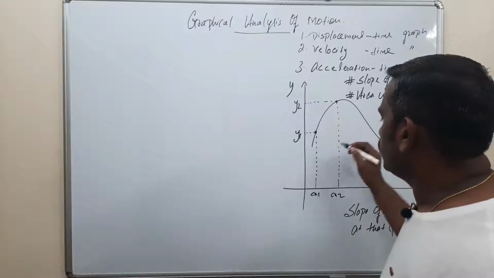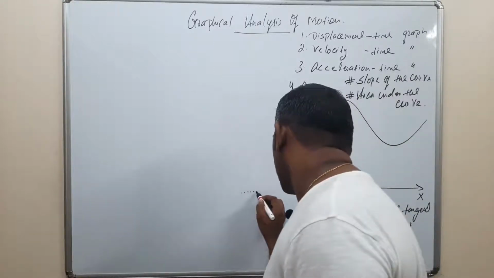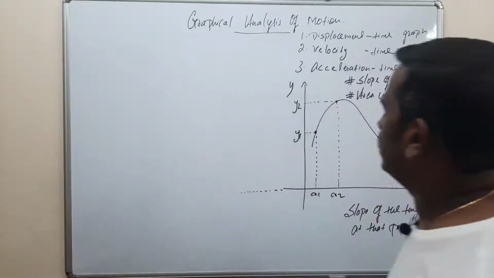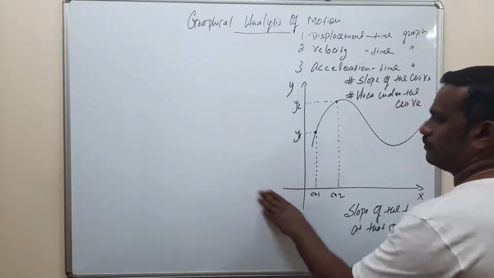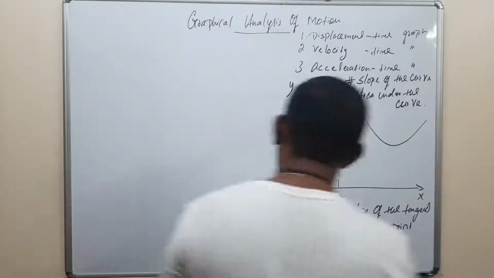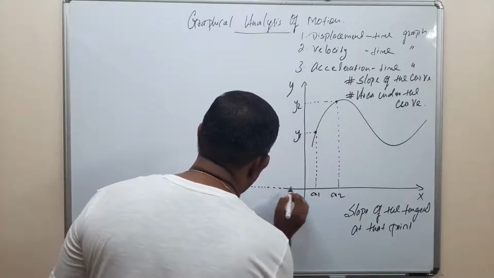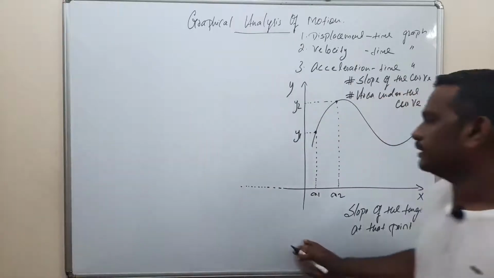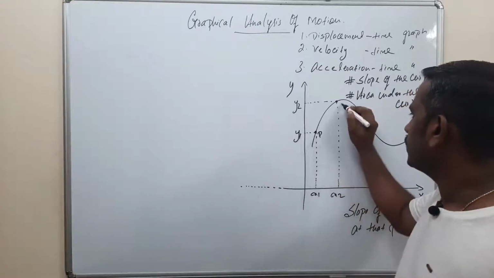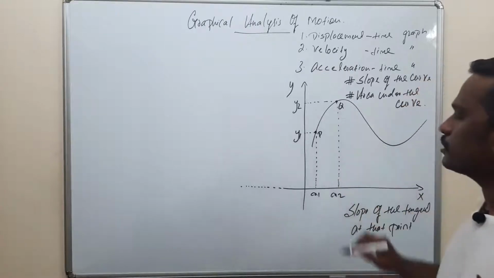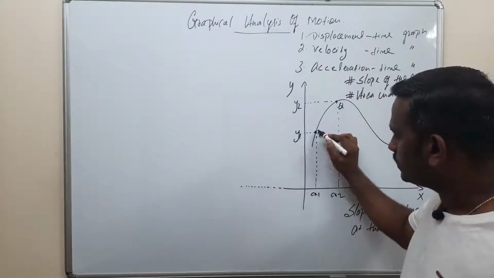Suppose you want to find the slope of the curve at the point P. I am taking this point as P and this point as Q. The slope at the point P means draw a tangent.